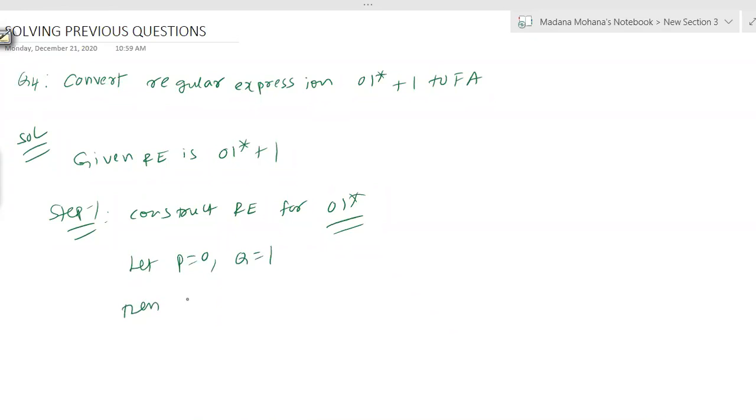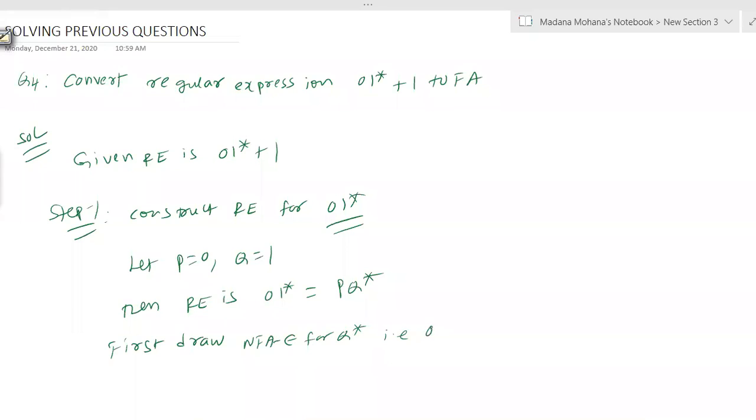Then the regular expression is P, (0, 1) whole closure equal to, 0 means P, 1 means Q. So PQ closure. So we know how to draw its automaton with concatenation. First, draw NFA with epsilon for Q closure.